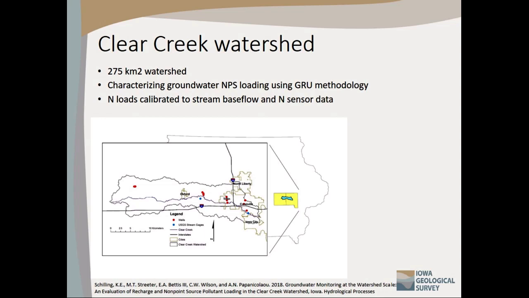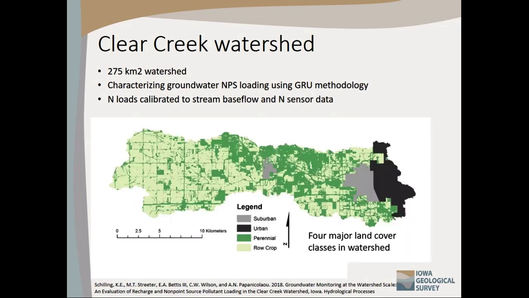Land cover in Clear Creek, we divided into 4 categories: row crop, perennial, urban, and suburban, because we picked up Tiffin and Oxford here, suburban areas, less densely urban than the Iowa City Coralville area.